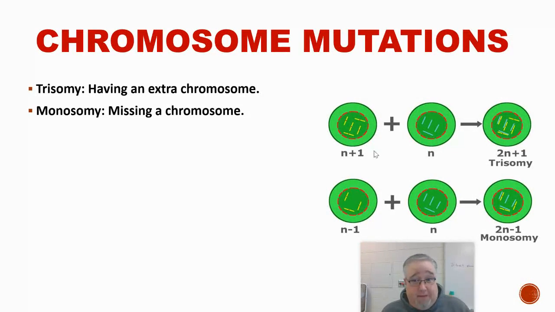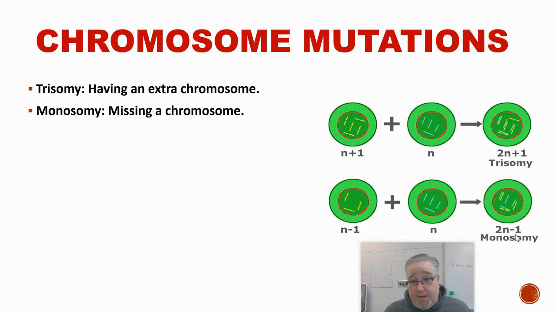Well, if these cells come together during fertilization, then you're going to end up with a zygote that has 2n, right? N plus n, there's your 46, plus the extra. So this would be an example of how a trisomy forms, okay?